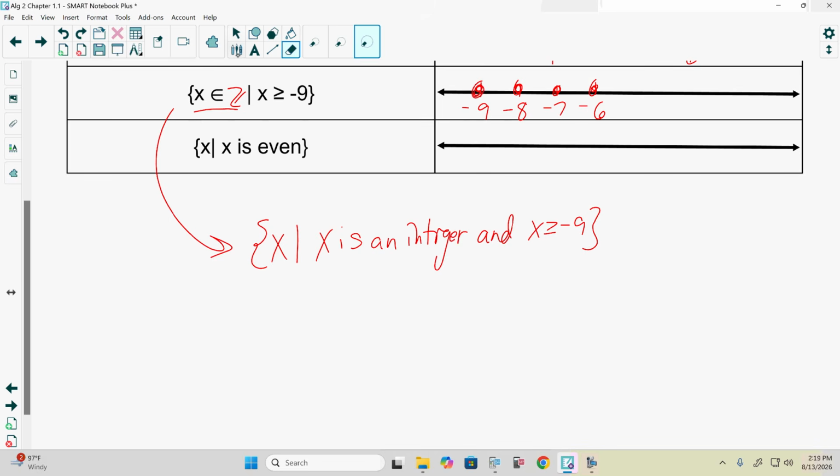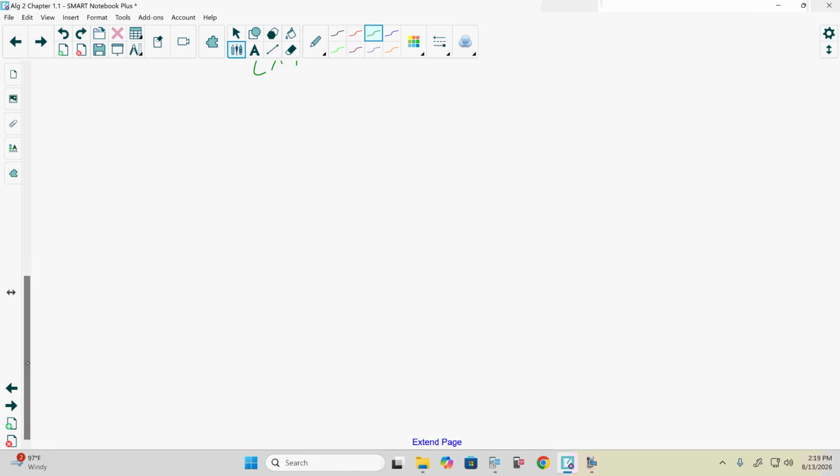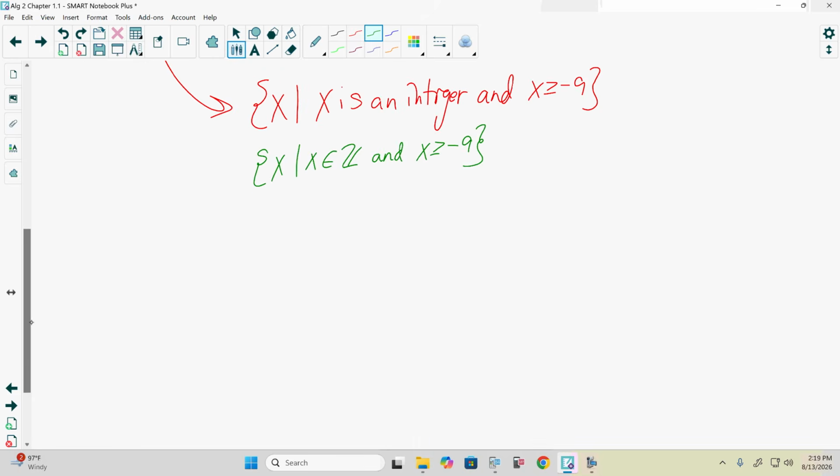You know, you're right. We can definitely use x as an element of the integers and x is greater than or equal to 9. It's saying the exact same thing. But if we're doing that, we might as well throw x as an element of the integers on the other side. Then yes, we can actually simplify that further. You don't have to keep writing these if you don't want to.